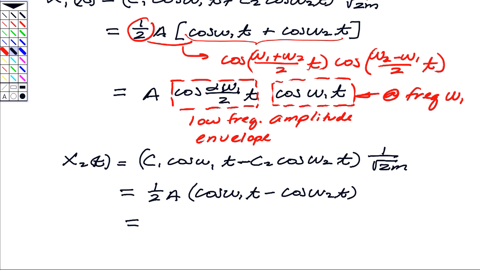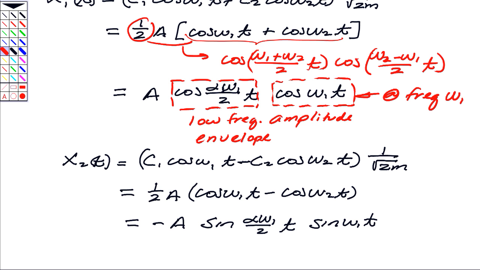Using a trig identity, this becomes a minus A times sine of alpha omega 1 over 2 t, sine omega 1t. So again, what I've done is I took the same trig identity idea from before. It gave me a slightly different result.